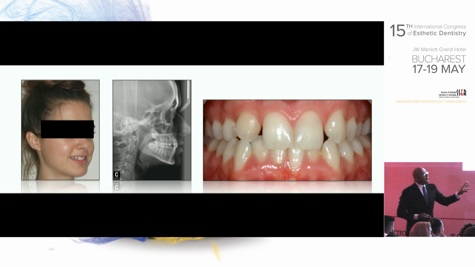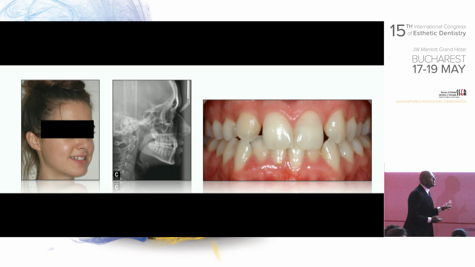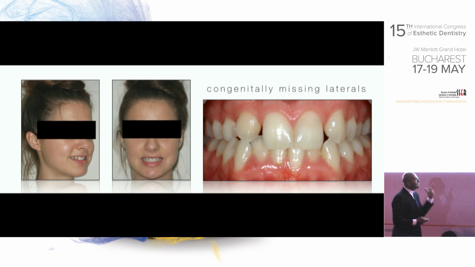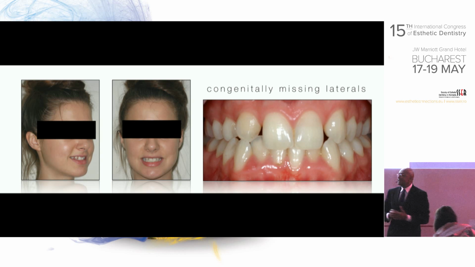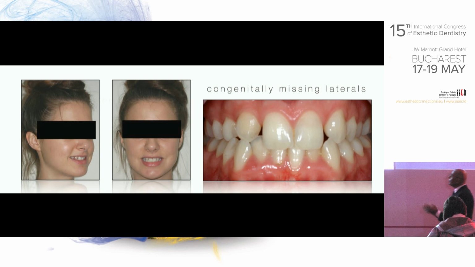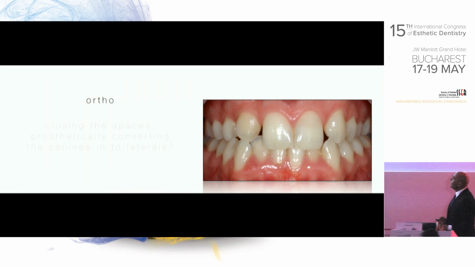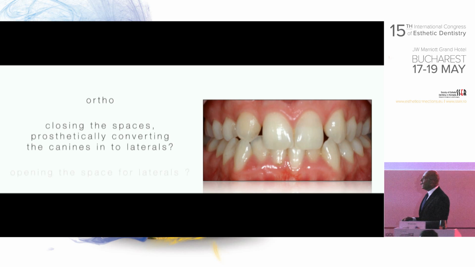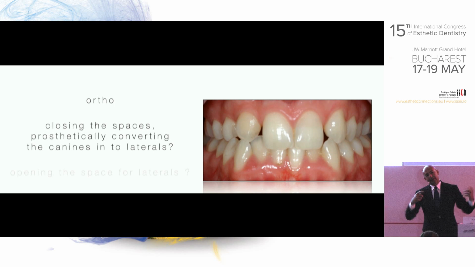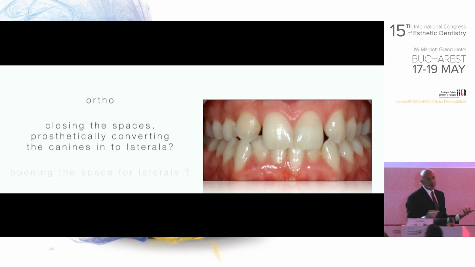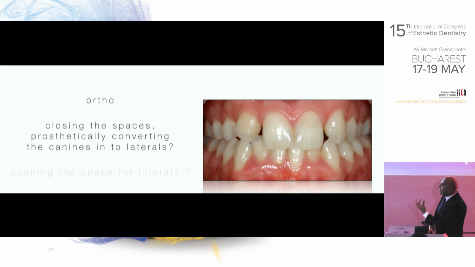This case was referred to me by an orthodontist, and in this case, she had missing laterals. Of course, most of the time, the easiest way to go is to close the space between the central and the canine and prosthetically convert it to laterals, which I don't like because the root shape of the canine will never give that delicate effect there.